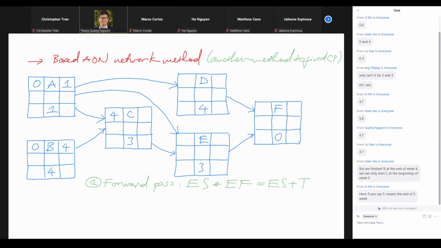So that's why here we will say we would start C at the end of the 4th week, right? Otherwise, we might have different minds when we talk about different times here. So to be consistent, we need to start C at the end of the 4th week, to be consistent in the way that we look at the timeline.